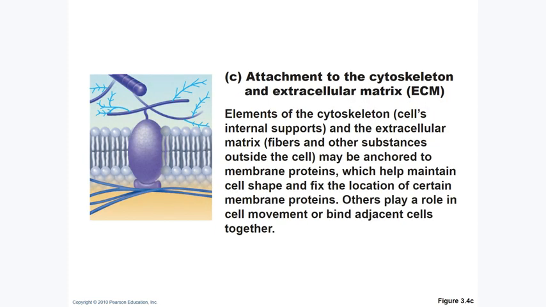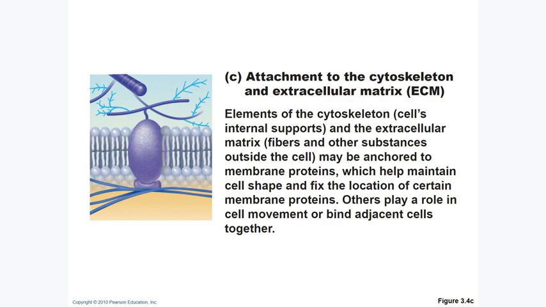We also have attachments to cytoskeleton and extracellular matrices. So elements of the cytoskeleton, which is kind of like the bone system of the cell, or the extracellular matrices outside the cell may anchor to these membrane proteins, which help maintain these cell shapes and fix the location of a certain protein to a spot and help fix that cell to that spot as well.